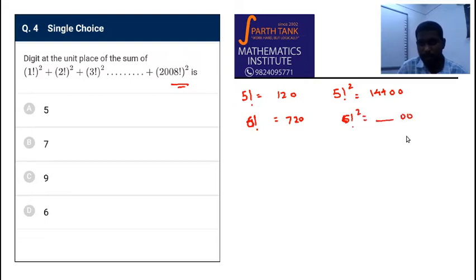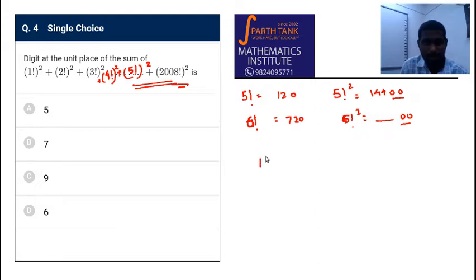Now 7 factorial also will have 2 zeros, 8 factorial also 2 zeros, 9 factorial 2 zeros, 10 factorial will have 4 zeros at least, because 10 brings another 2 zeros. So what I am trying to say is that all these numbers, from 5 factorial square onwards, end with at least 2 zeros. So only the first 4 numbers will decide the units place and the tens place. So only find the first 4 and you are done.